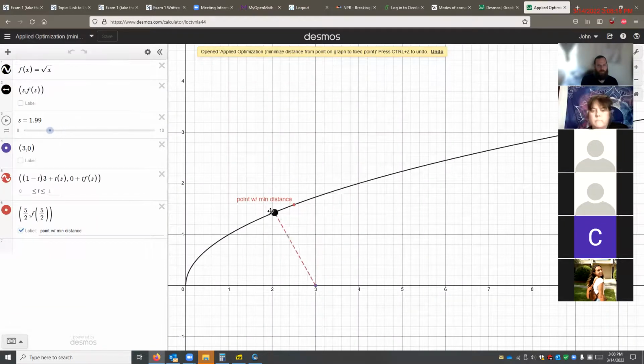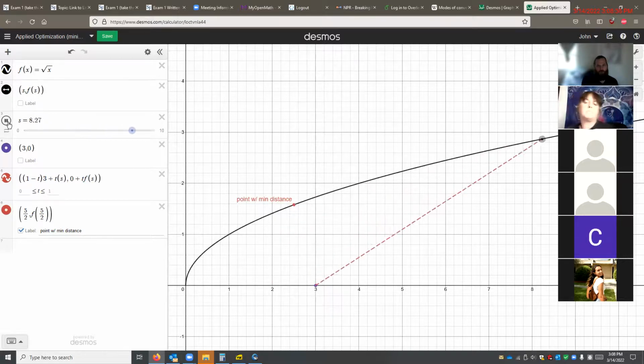So we want to find the point on the graph f of x equals the square root of x that is closest to the point 3, 0. This red point right here, I claim, is that one. And if you look at all these distances, they're all bigger. So it gets smallest right there, and then it gets bigger again.